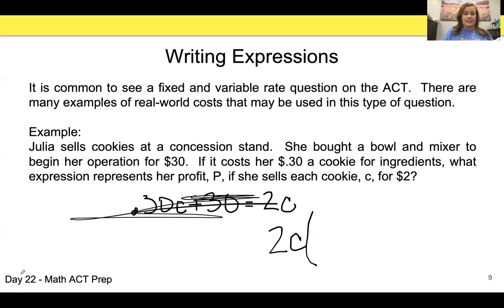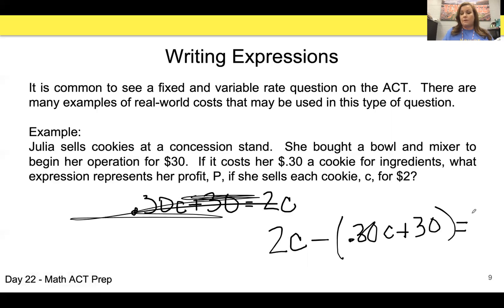Ew, I don't know. Let me erase that because I got to do a minus in there first. Minus her expenses, which are the 30 cents per cookie and the $30 for the mixer, and that's going to equal her profit.